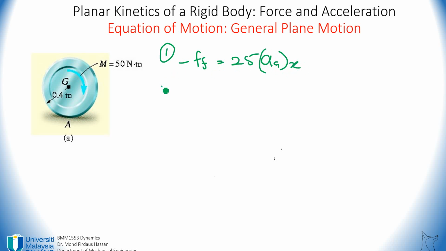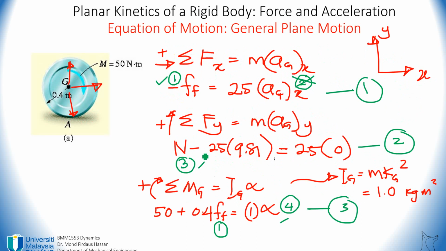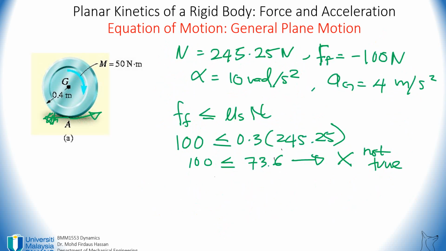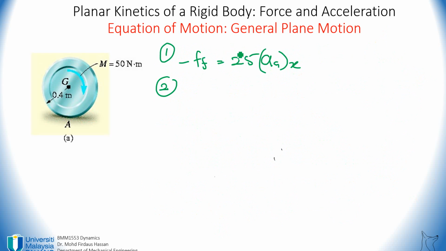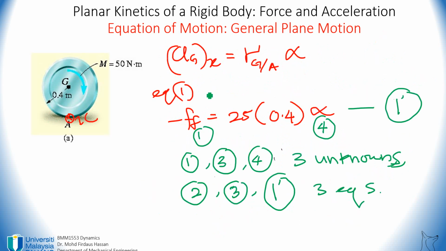Okay. Equation number 2, what we have is N, sorry, N minus 25.